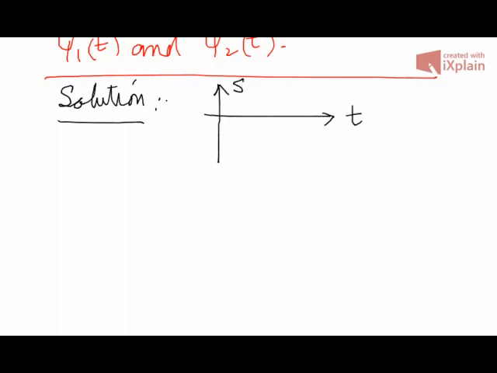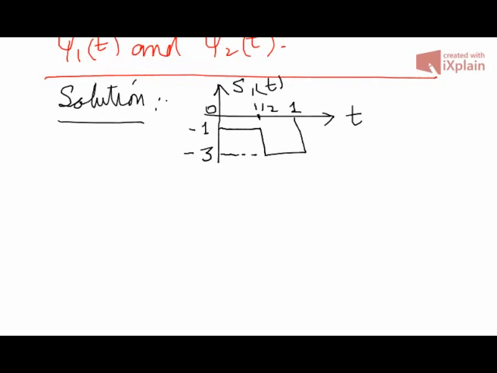You have S1 of t, which is something like this: from 0 to half it is -1, and from half to 1 it is -3.